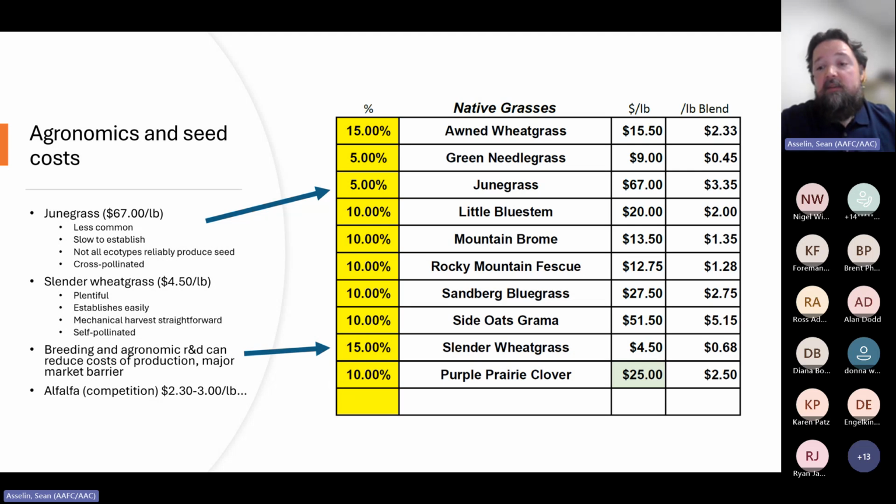So it has quite a bit of a competitive advantage compared to our native species. So these are some of the reasons that we're focusing on the development of native species and improving their agronomics so that we can reduce that seed price and support biodiversity through the use of native plant seed.